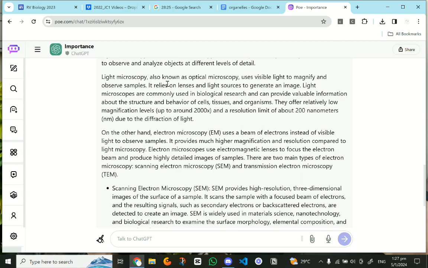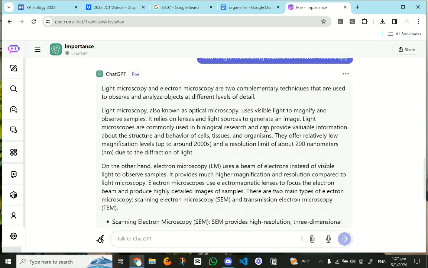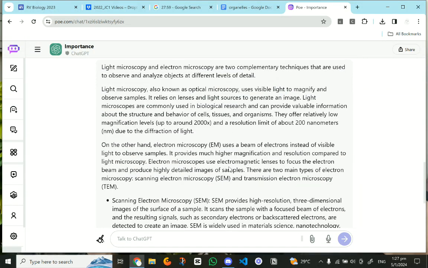So this one, light microscopy uses light to see the thing, while EM uses electrons, and it seems to have a higher effect. And okay, that's the difference. Rather than writing that difference right now, I'm just gonna store it in my head.